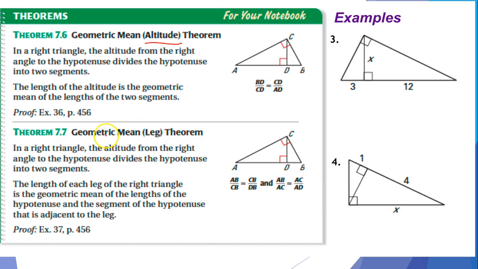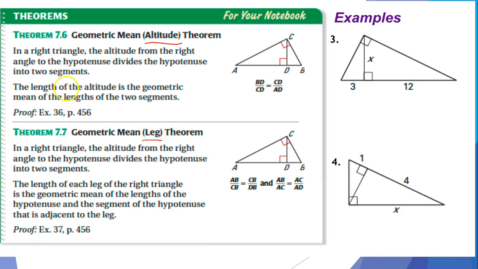Then the geometric mean leg theorem works the same way. We are looking for one of the legs of our right triangle, and this theorem is going to help us in that. All right, so let's look at the altitude theorem and put it to use over here in example 3.